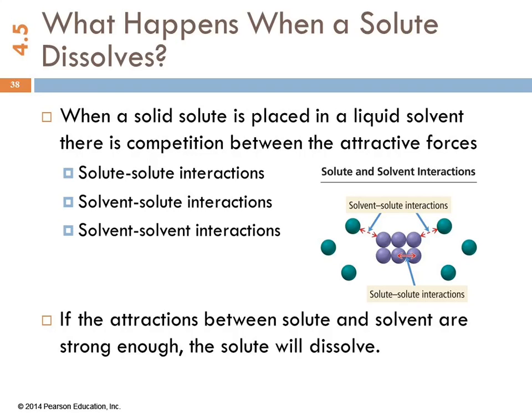It's a little bit like people mixing together. You get two large groups of people. If there is a really strong interaction between these purple people, they may exclude the green people, right? Or if the green people are really attached to each other, they just like each other a lot.